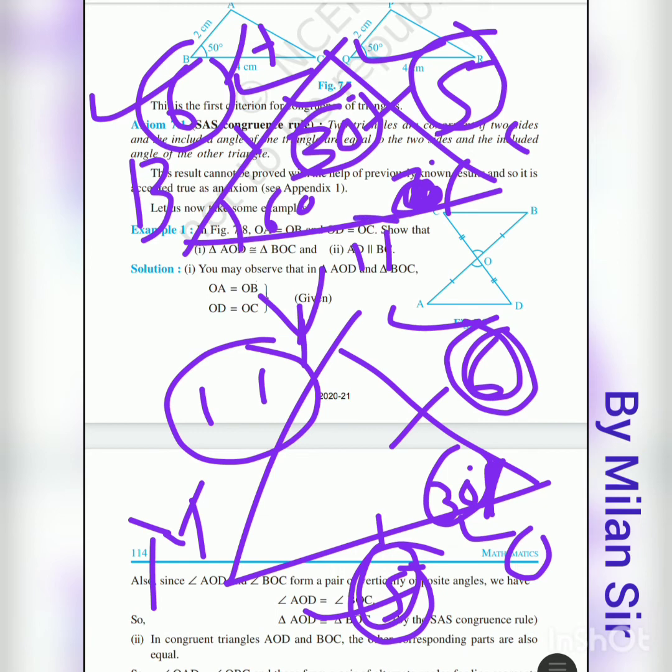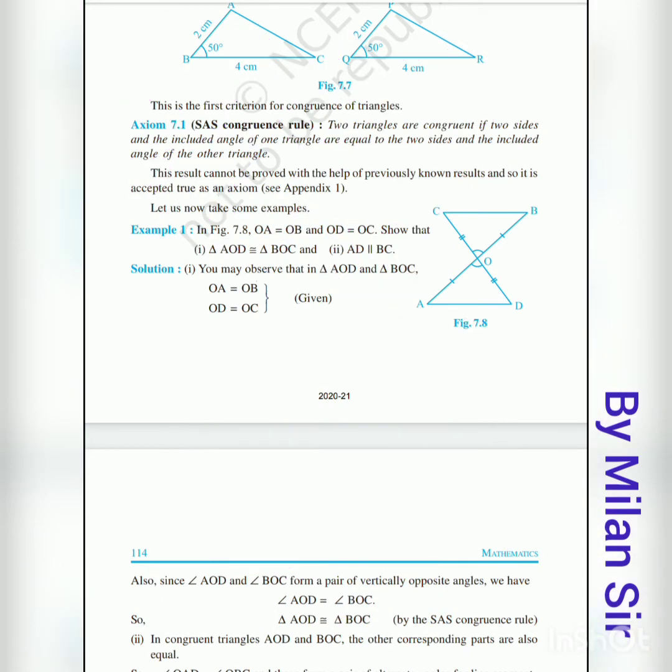Here it is given 11, so we can say the third side of this triangle is also 11, because the two triangles are congruent, which means all the sides are the same as in the other triangle, right? So from here we can find the other parts too.